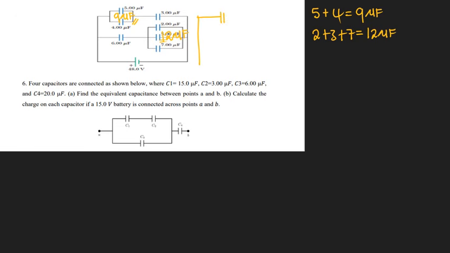So we can have our 9 microfarad here. We can have our 3 here. Just a rough drawing. Then here we are going to have another capacitor which is 12 microfarad.